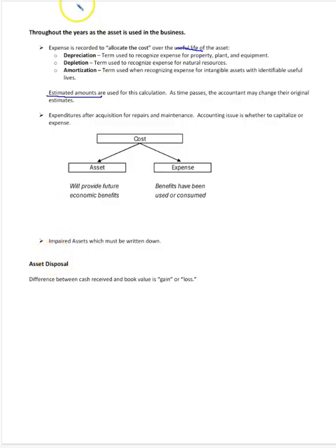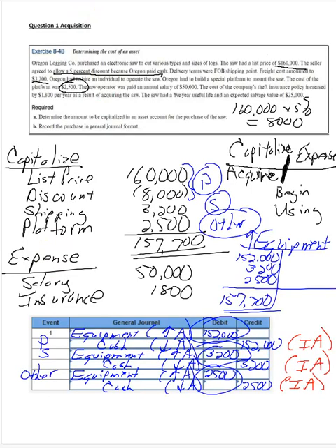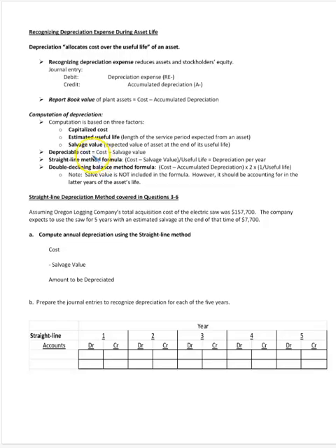All right, so let's go to a demo problem. So skip through that, and here we are, recognizing depreciation throughout the years. So the entry is going to be an adjusting journal entry.